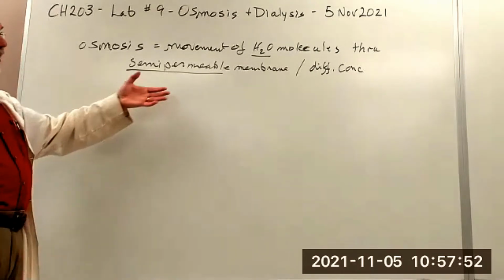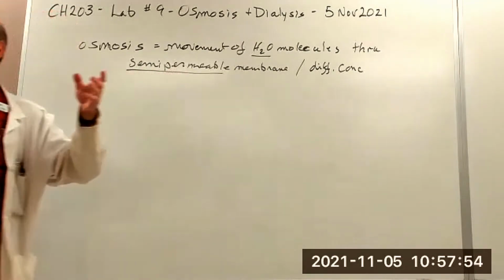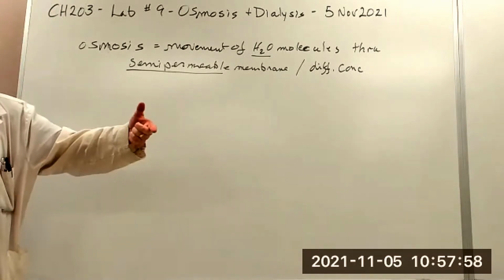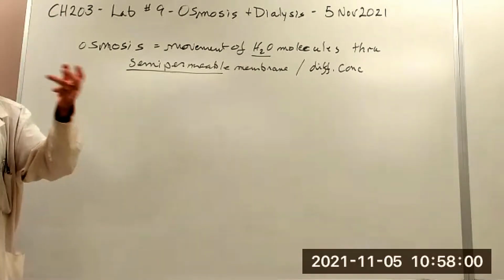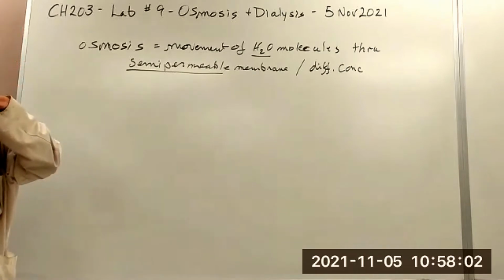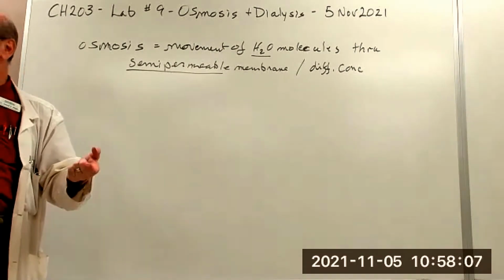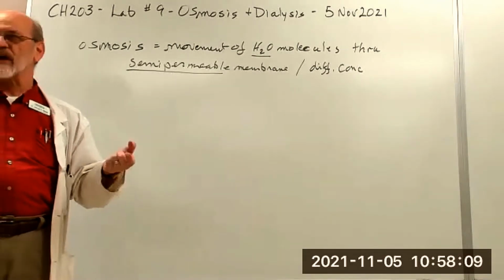So which way does the water move? It moves from the higher concentration of water to the lower concentration of water, which means it moves from the lower concentration of solute to the higher concentration of solute. So it moves in the direction of the hypertonic solution.